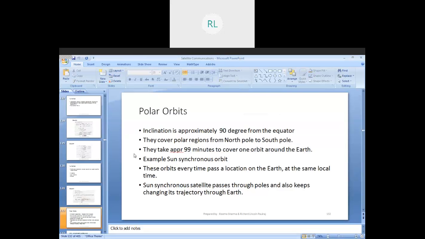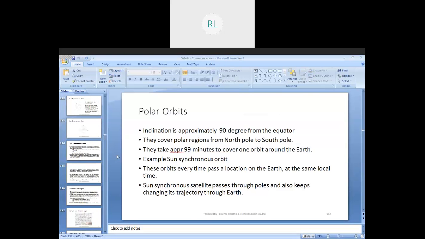And that is why you see that it is exactly 90 degrees, because I need a straight line from the center of the earth downward and upward. So that creates an exact angle which is about 90 degrees. Okay, fine. So they take approximately 99 minutes to cover one orbit around the earth.